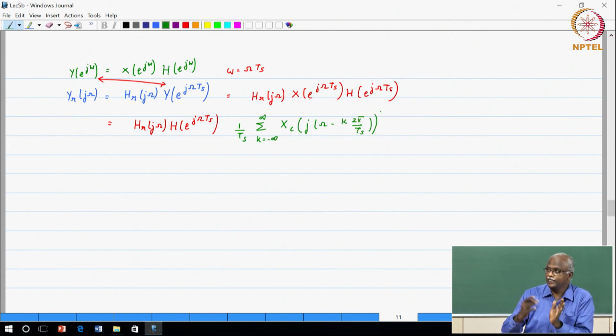Basically scaling and replication of the spectrum, which is the relationship between these two.